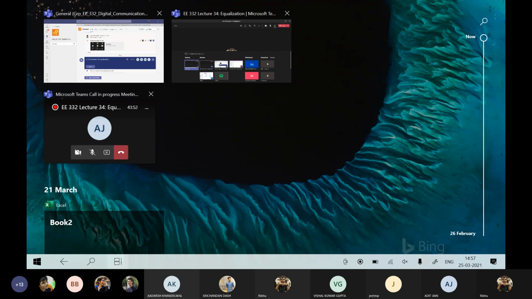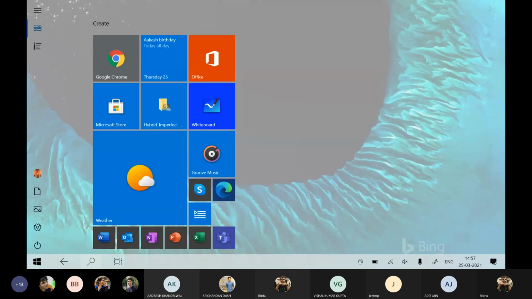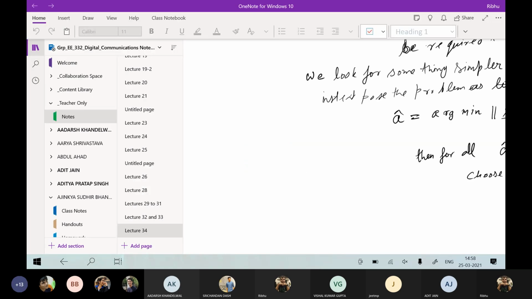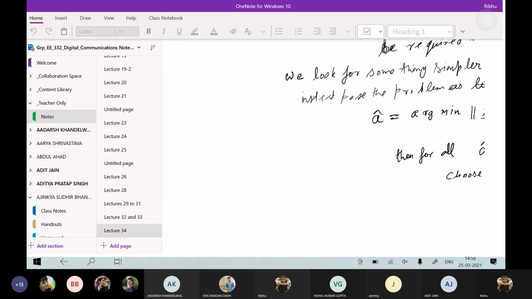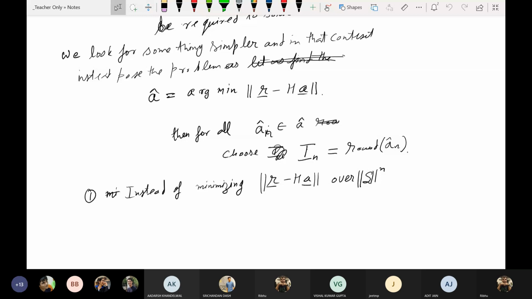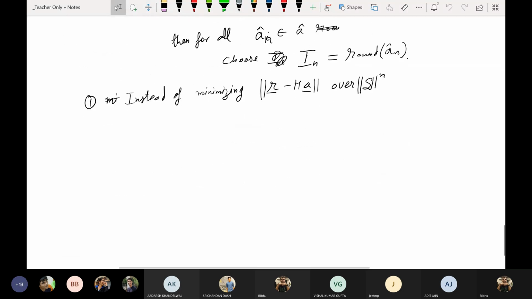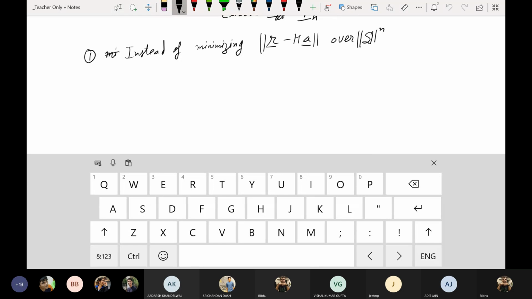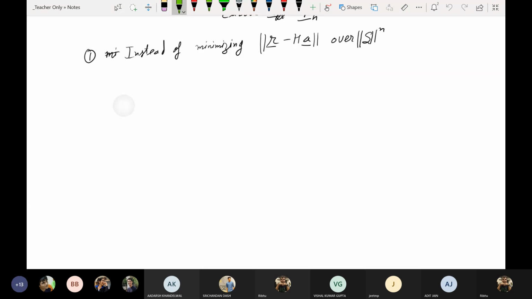OneNote has crashed. So this, let me write it again. Let me write, instead over S to the power n, minimize it.